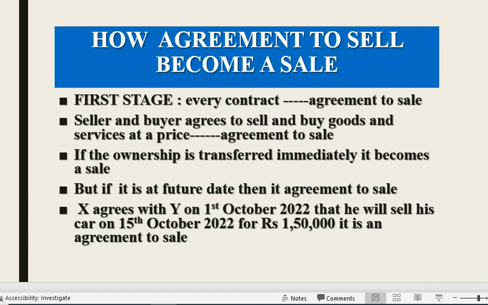If the ownership is to be transferred at a future date or on fulfillment of a condition, then it is called an agreement to sell. For example, X agrees with Y on 1st October 2022 that he will sell his car on 15th October 2022 for rupees 1,50,000. It is an agreement to sell because the ownership will be transferred in the future.